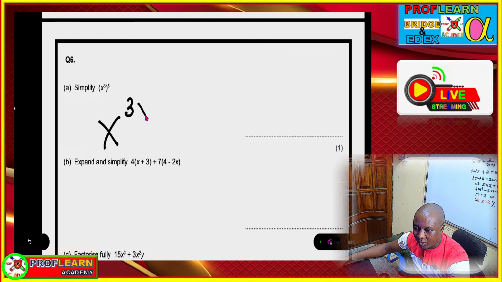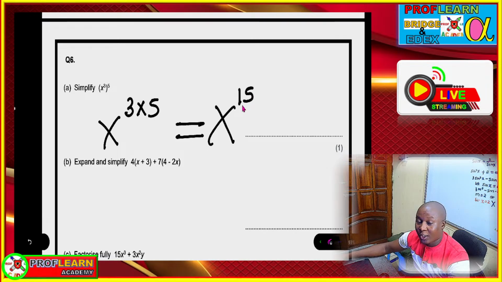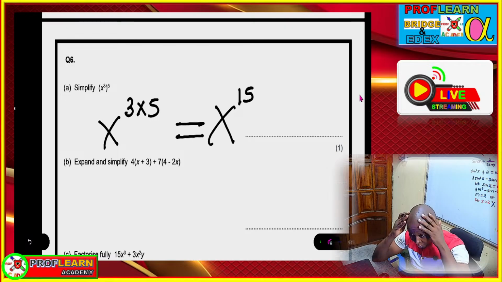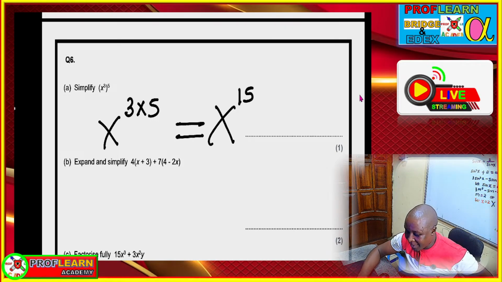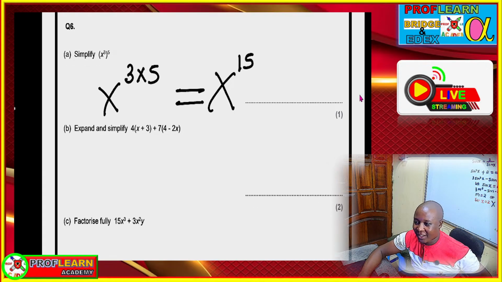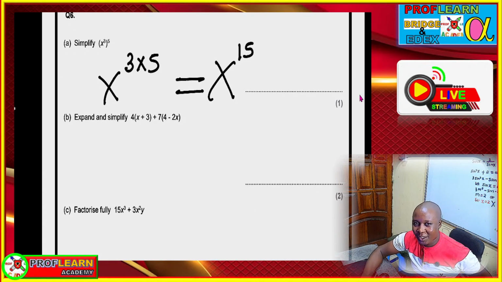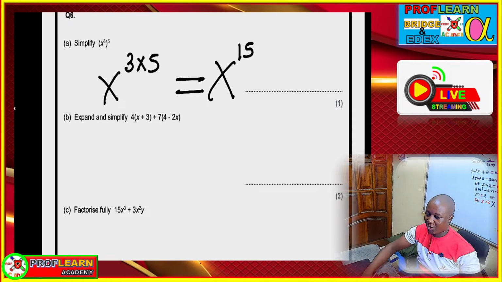So we shall have 3 times 5, and that is going to be x to the power 15. So we are having all of the questions that you really must master as far as that exam is concerned. This is the ultimate prediction for the foundation paper.